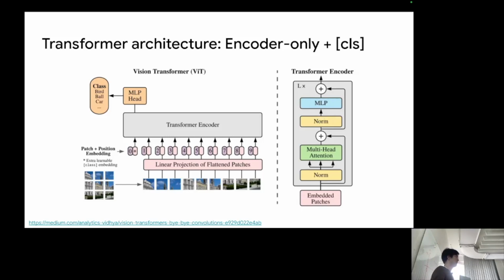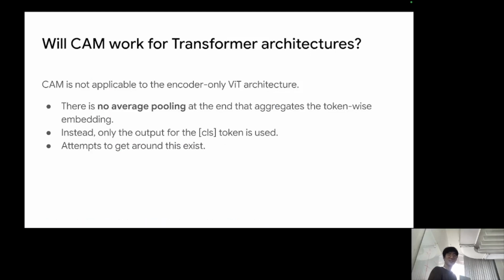Okay, can I move on? Okay. So now the question is whether CAM will work in this case. Remember, CAM requires some kind of aggregation over the spatial features, or aggregation over the features, which doesn't have to be spatial.